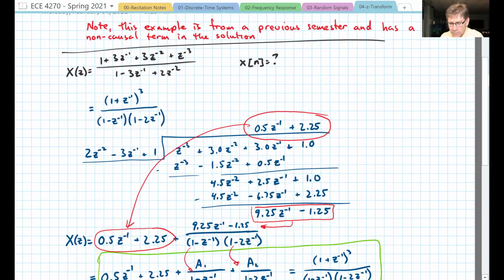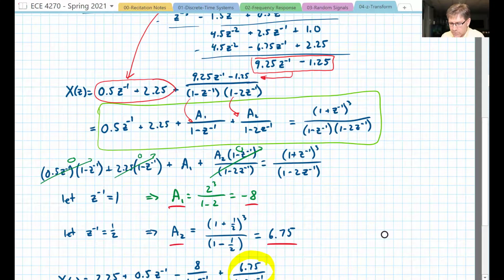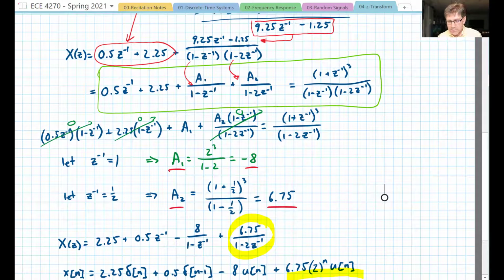We could have, of course, just put it in the original form that it was given to us up above, and that would work too, but this generally tends to be easier because now we will first multiply both sides of the equation by 1 minus z to the minus 1 and evaluate it at z equal to 1.